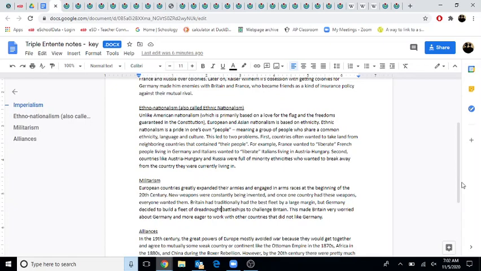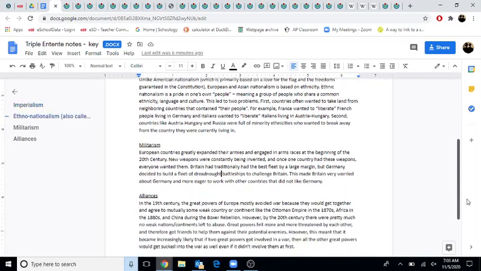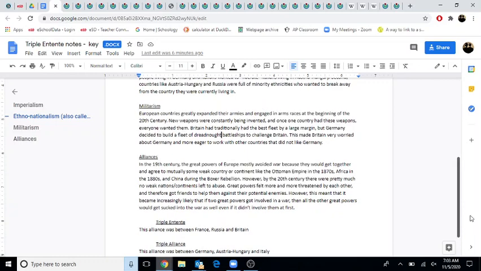I mean, maybe you can think that they're wonderful or evil, but it's just a flag with stars and stripes, and bald eagles are just birds of prey, so, whatever. It's when you get into ideas that some races are superior to others that you have huge issues. So we've got imperialism, ethno-nationalism, militarism, and alliances.